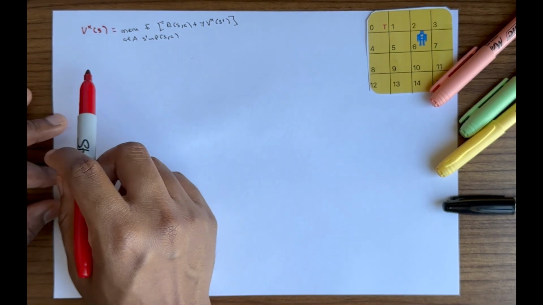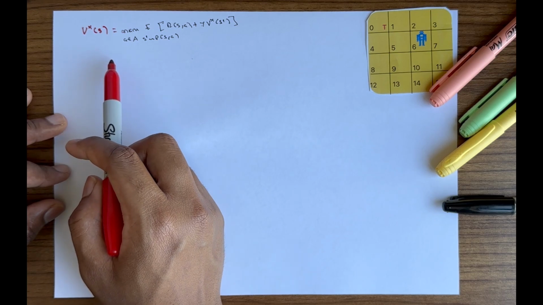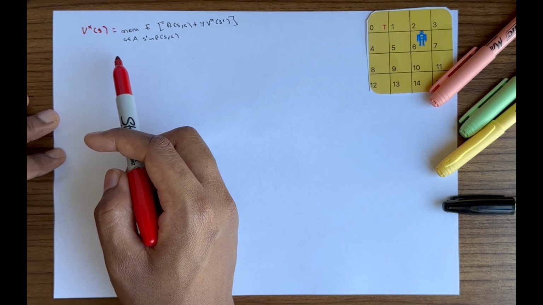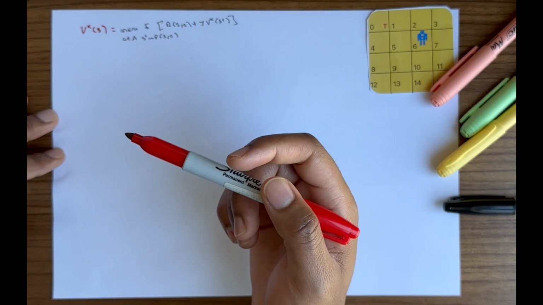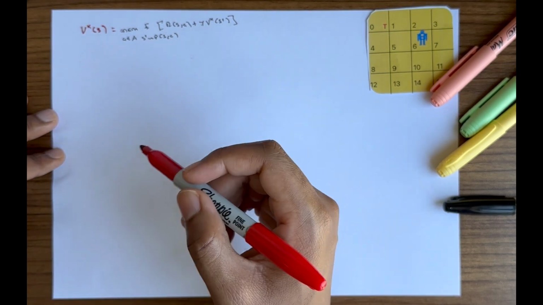I mean, once we find the optimal value function, the optimal policy is the one that greedily selects the best action from each state.